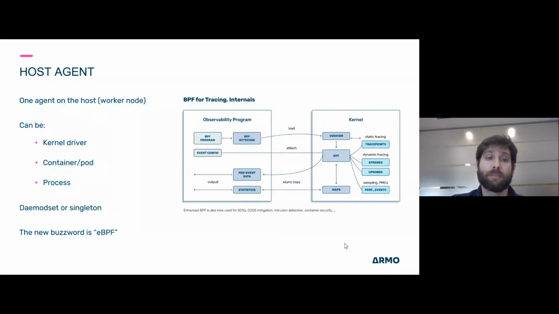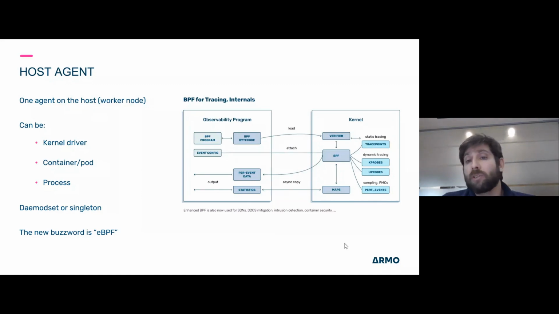The second attachment point is the host agent. The idea with the host agent is that usually you have one agent that runs per host. It can be a kernel driver. It can be a container or a pod running on each one of your worker nodes, meaning a daemon set.